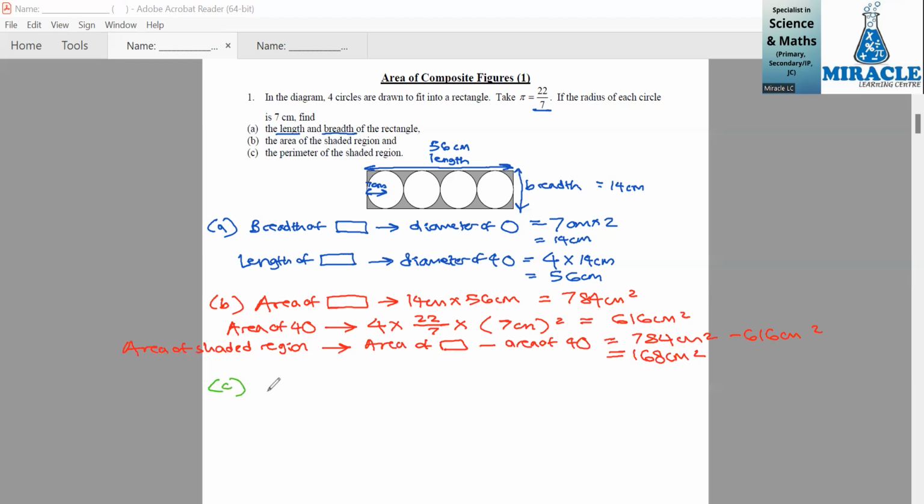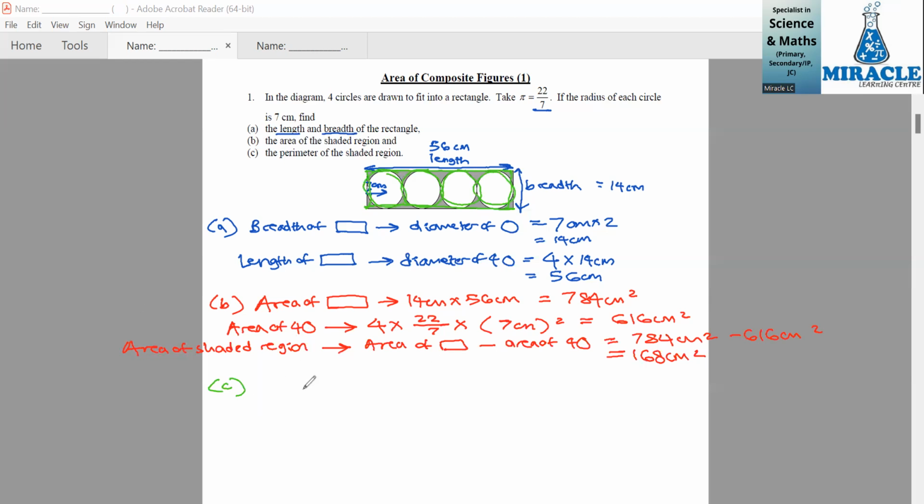Find the perimeter of the shaded region. So we realize that the perimeter of the shaded region is actually the perimeter of the rectangle plus the perimeter of 4 circles. So how do we find this?